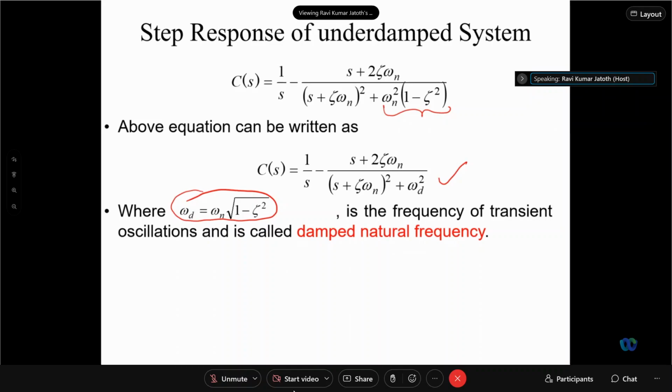Now we can write this as omega n square by s square plus omega n square. For the inverse Laplace transform there is a standard notation. So here I write this as s plus zeta omega n plus zeta omega n, can I write like this?